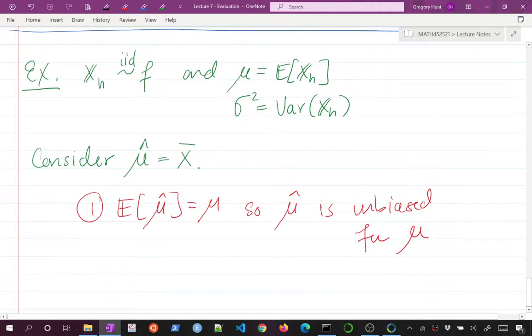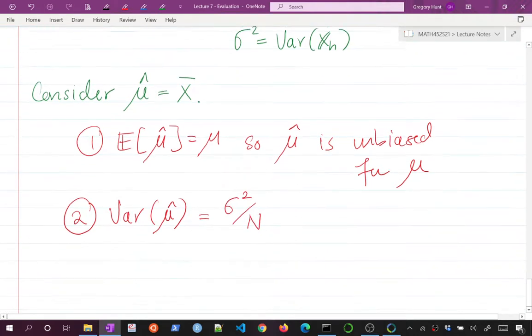That's a fancier way of saying that the expected value of x bar is mu. We also saw that the variance of x bar, or the variance in this case of mu hat, was sigma squared over n.